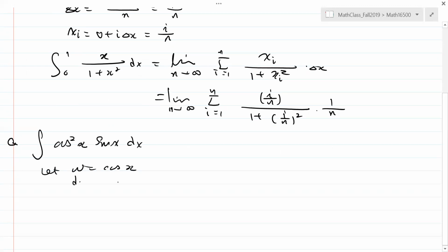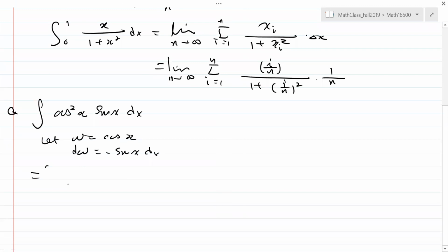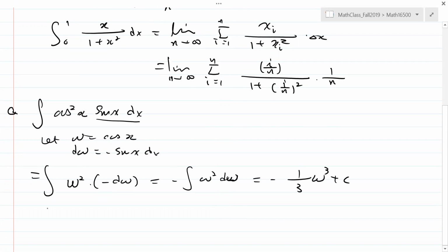Then dw is negative sine x dx. Then you put it into the integral, it's going to be w squared, and sine x dx will be negative dw. Then you find the antiderivative of this function.